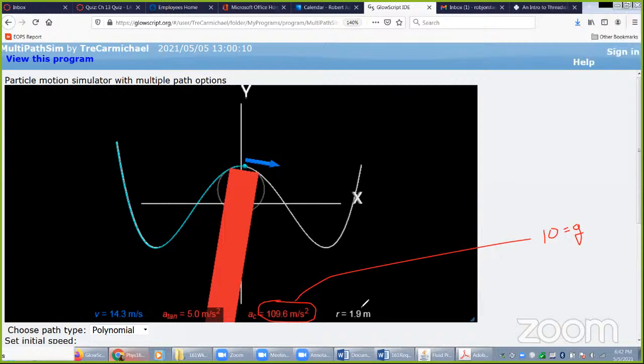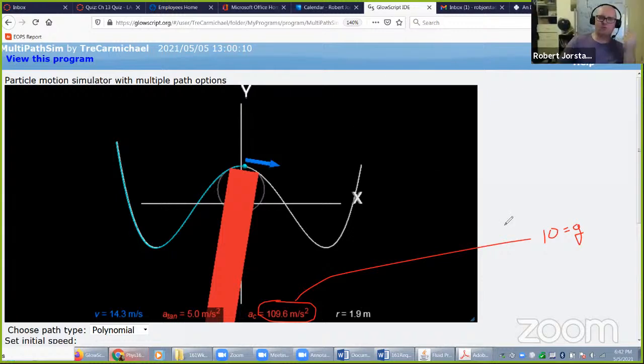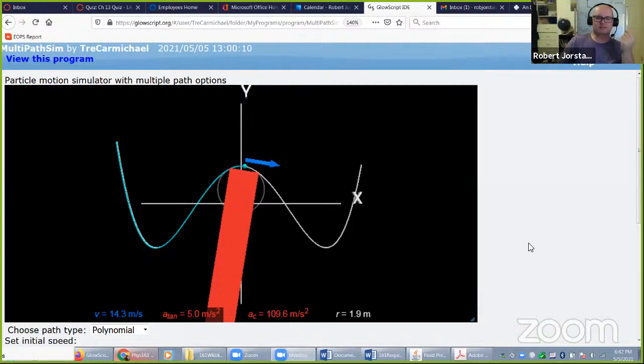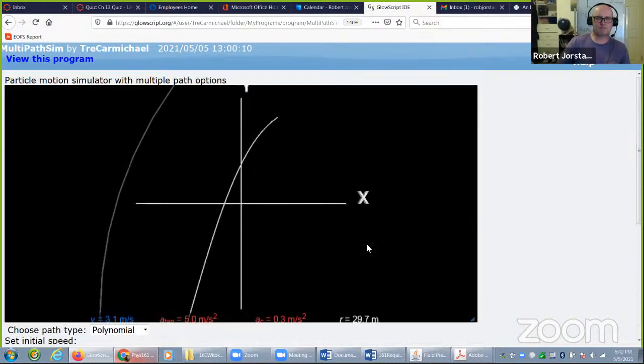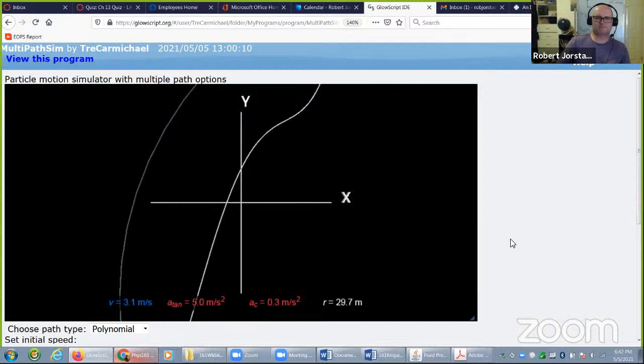Yeah. Gosh, if only there was some way you could mess around designing different shaped tracks. Oh. Hmm.